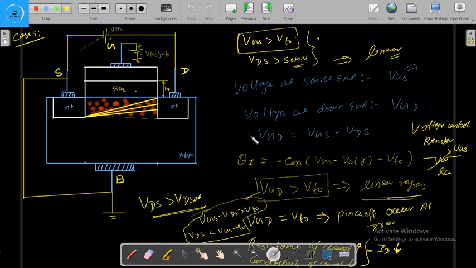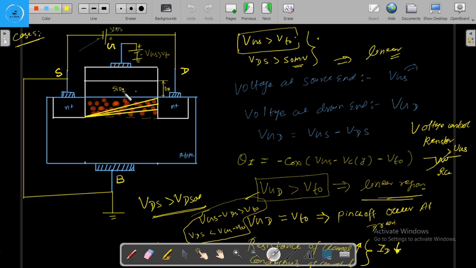Now we have seen what happens when we increase the VDS, that is the drain to source voltage, by a large amount. Then we have seen that on increasing the drain to source voltage, the voltage difference between the gate and channel decreases as we move from source to drain. So at the source the voltage is VGS, and at the drain the voltage is VGD, that is VGS minus VDS, right?